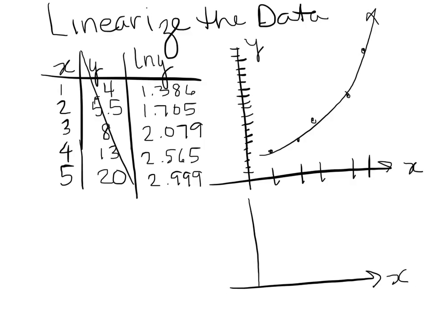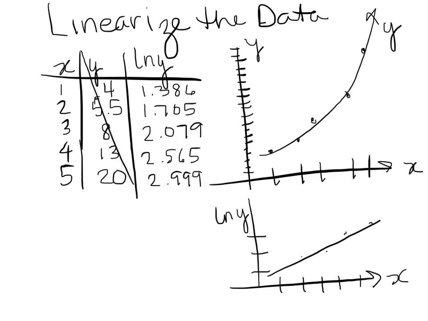This before was just a graph of y. This time I'm going to graph ln of y. Those values only go from 1 to 3, with x from 1 to 5. Let's see if I can get halfway decent. Something like that.